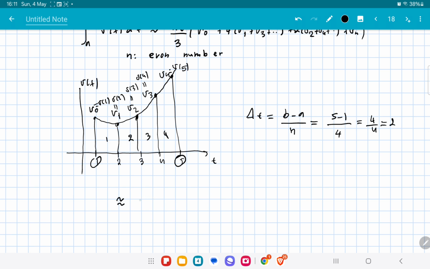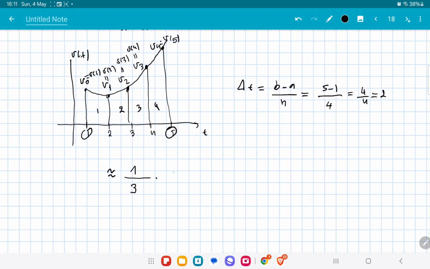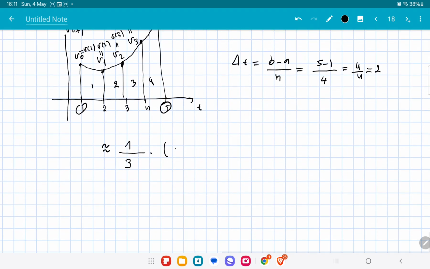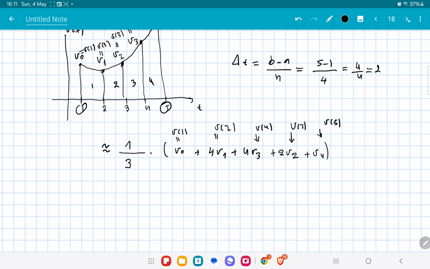So my delta t is going to be 1, and the formula is one third times v0 plus 4 v1 plus 4 v3 plus 2 v2 plus v4. That's my v1, v2, that is v4, that is v3, and v5.